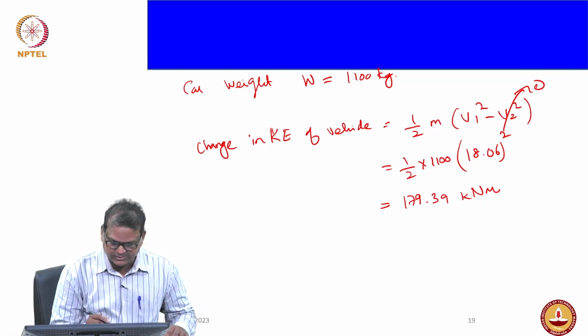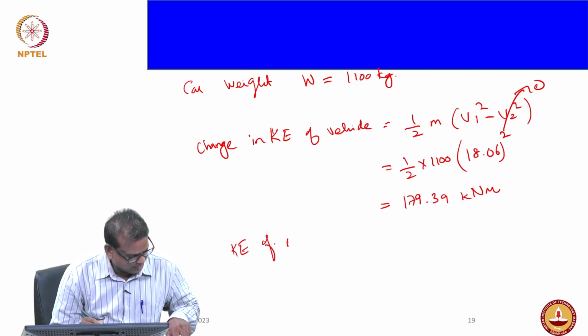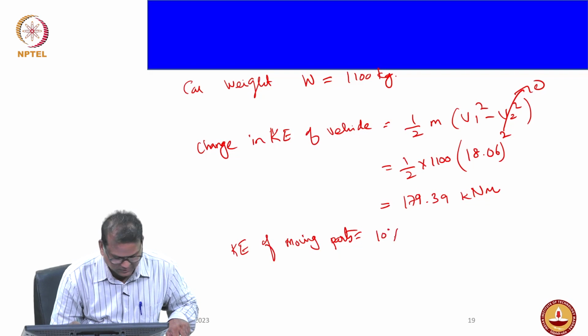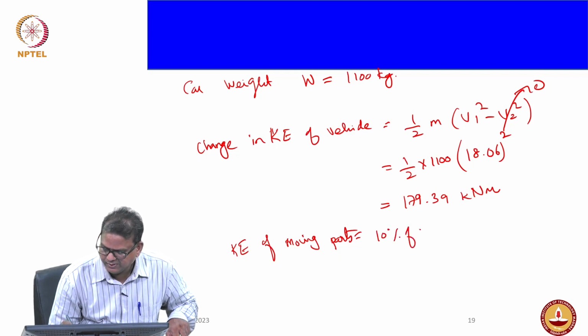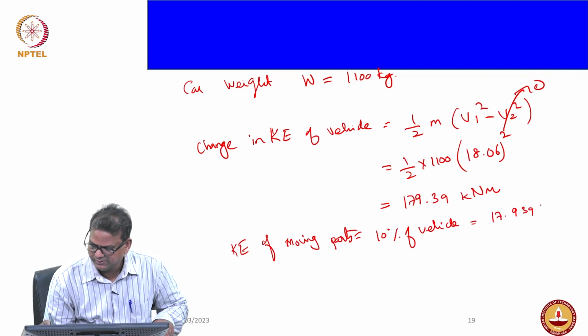So the kinetic energy of the vehicle, and kinetic energy of moving or rotating parts, both are the same kind. The moving parts should be 10% of the vehicle's, so that should be 17.939 kilonewton meter.